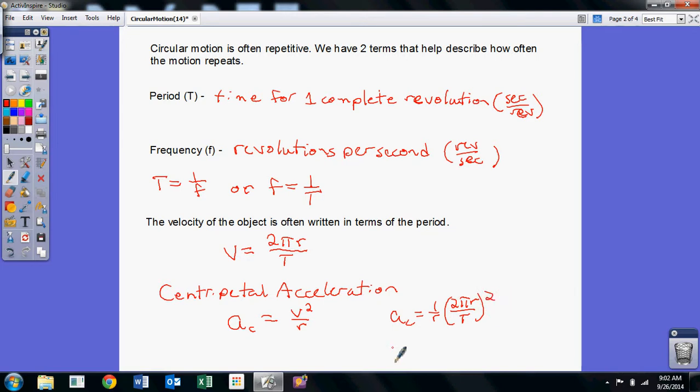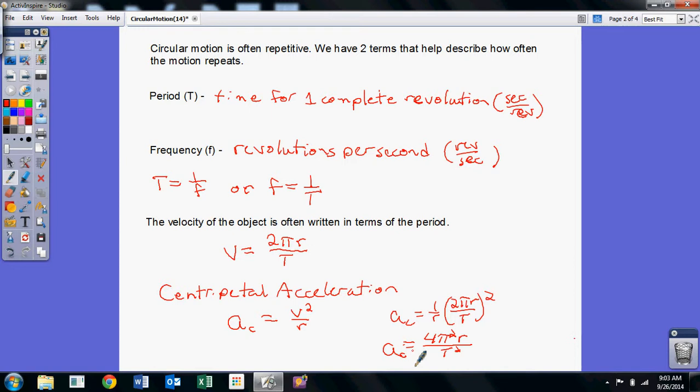You're going to end up with, on top, a 4, since 2 squared is 4, pi squared. I have r squared on top and r on the bottom, so one of those r's cancels out, over the period squared. So that's another formula that's kind of helpful. It's not so much about memorizing it. It's nice to know that you can derive that relatively easily. I should put my subscript c there.